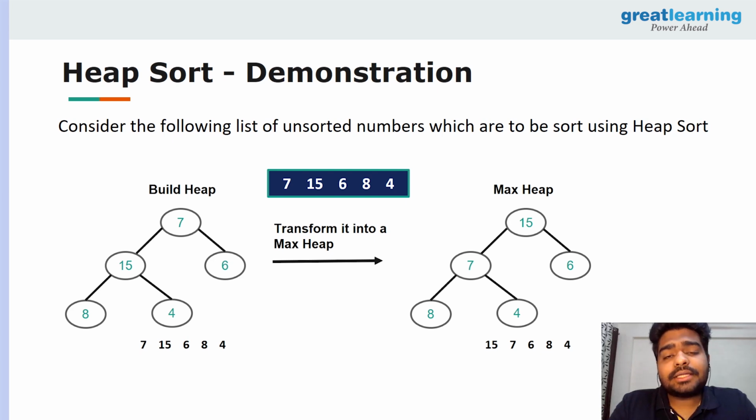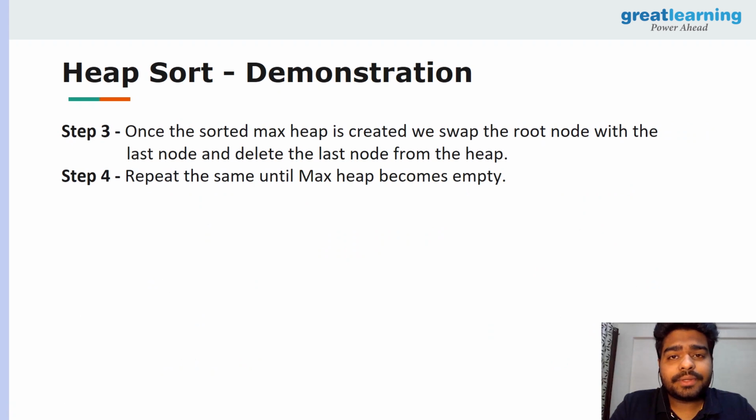Yes, we have to. Right now my max heap contains this. Now I think we need to swap this 8 with 7 because the parent node should always be greater than the child node.